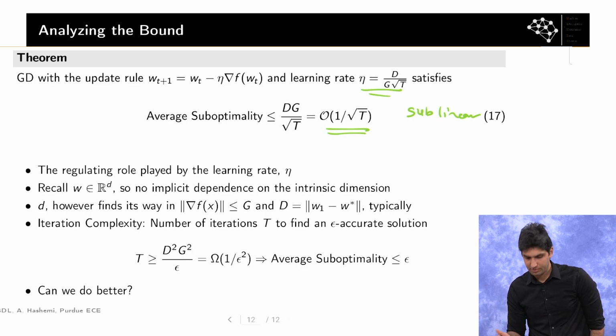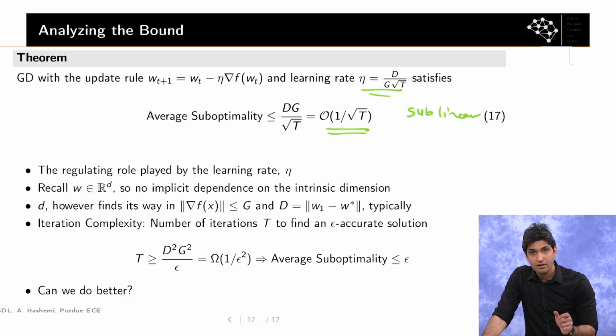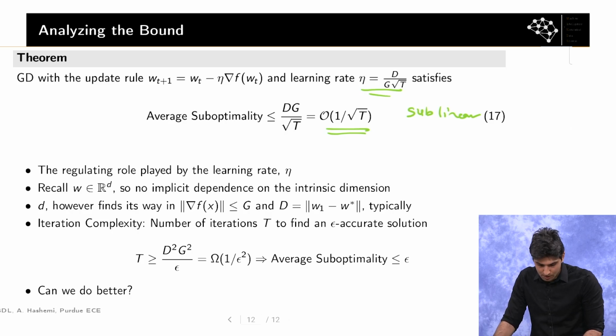That's why d appears in the numerator. So the further away we are at initialization, the larger the step size has to be. On the other hand, the sharper the function is, the more sensitive it is, so we have to be careful with the steps we are taking. We have to make sure that the steps are small, such that we converge. That's why g appears in the denominator for the best constant step size.